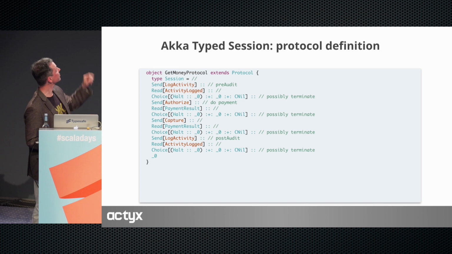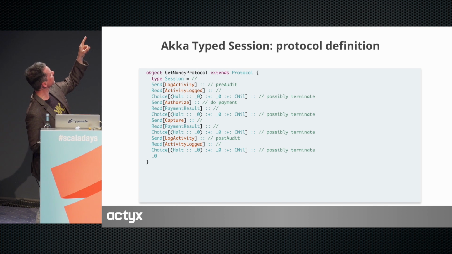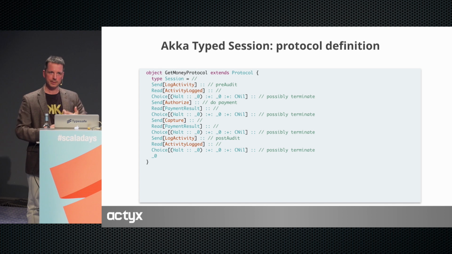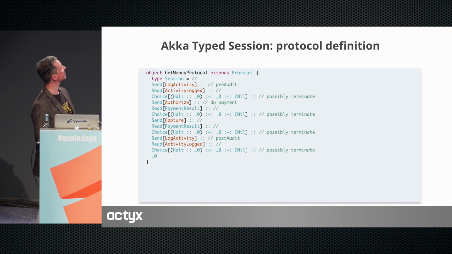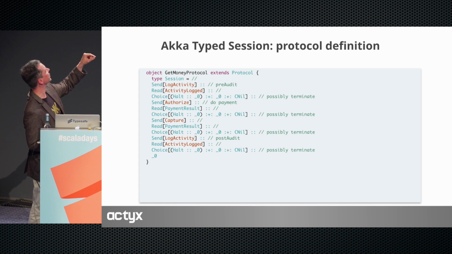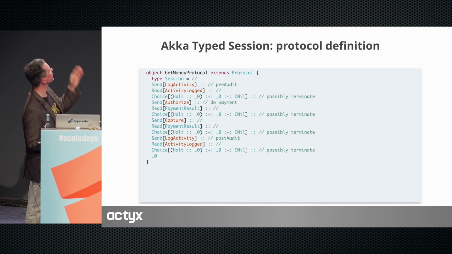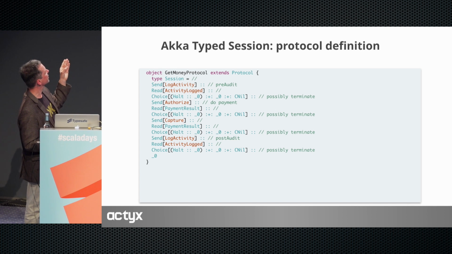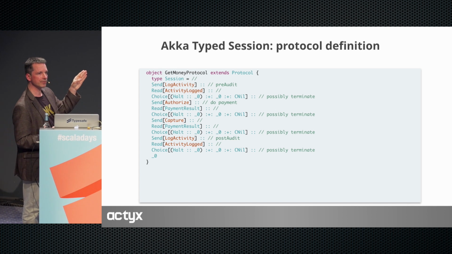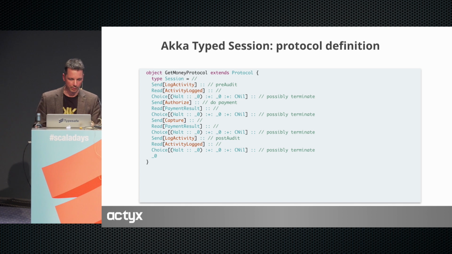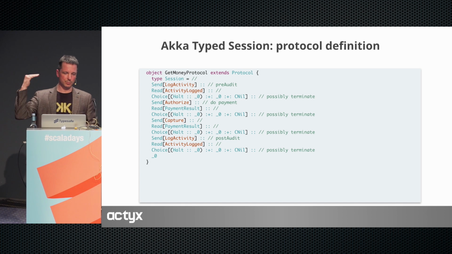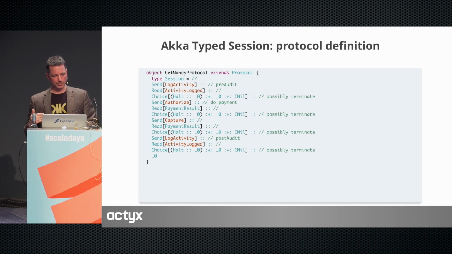This is a choice, and the choice is modeled as a coproduct. This is the vanilla shapeless coproduct, where you can list different cases. C nil is the end of the coproduct constructor, and the colon plus colon is the, well, enumeration of the cases. In the first case, we have the halt effect, and in the second case, we have no effects. Yeah, so it may terminate or may not. So this list describes we do the first logging, and we do the payment, and then we do the post-audit.